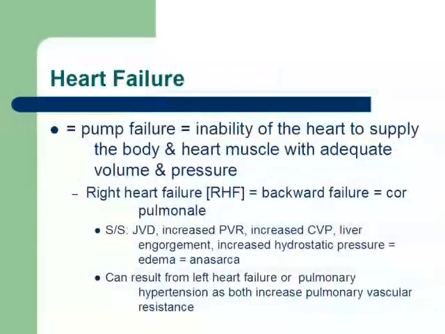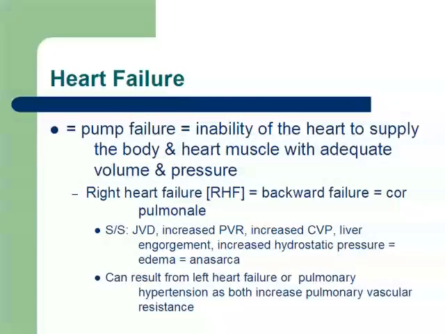Heart failure is also called pump failure. It's the inability of the heart to supply the body and heart muscle with an adequate volume and pressure. If it's right heart failure, it's sometimes called backward failure or cor pulmonale. Cor pulmonale means you have right heart failure due to lung problems.